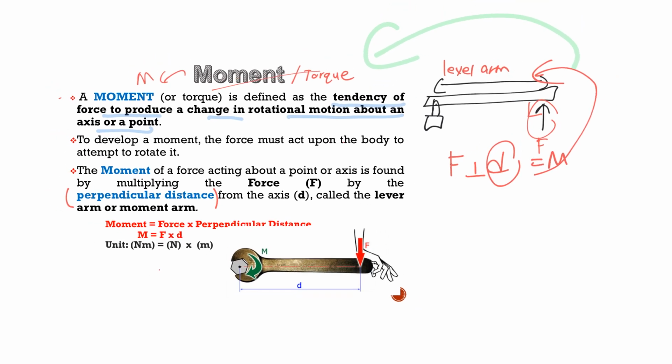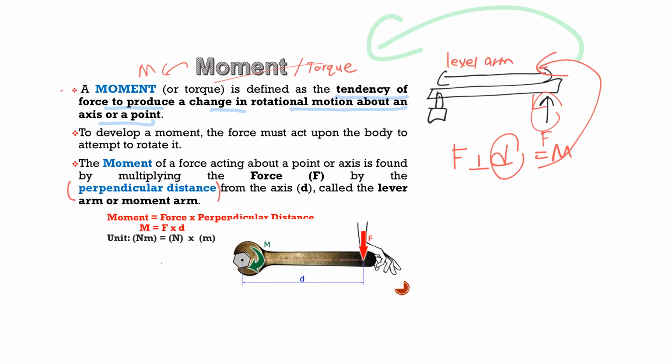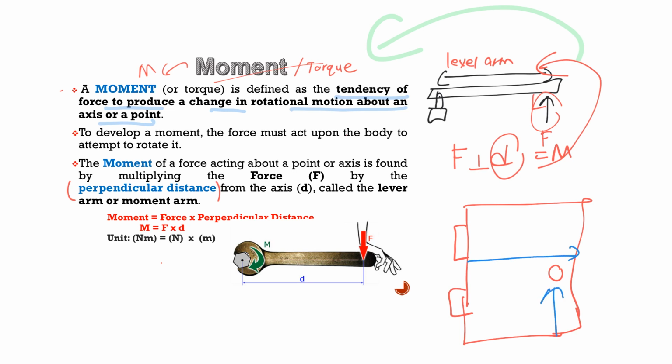One application in real life, for example, is if I draw a door with a doorknob here and I put a hinge over here. When I apply force perpendicular to the lever arm, D, this door is going to move in a semicircular motion, which means it obeys the rule for the moment: the force needs to be perpendicular to the lever arm.